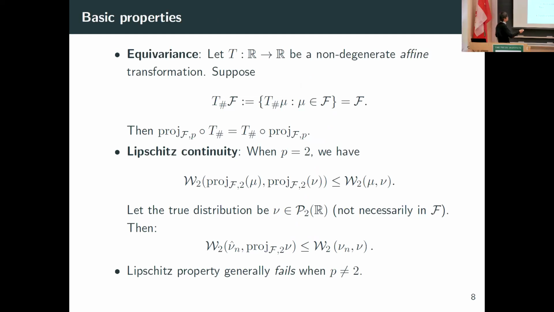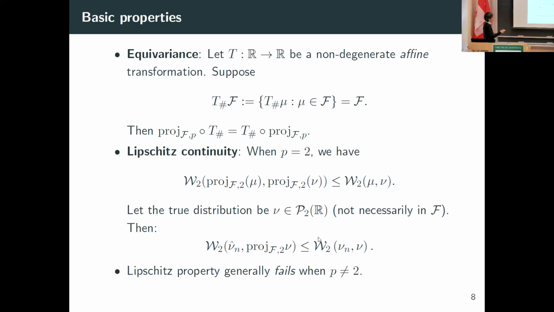Because the empirical distribution converges to the true one, I have consistency in the sense that the estimator converges to the projection. This is different from the classical MLE setting, where in the misspecified setting the estimator converges to the KL projection onto the shape constraint. Here we converge instead to the Wasserstein projection, and I will show a few examples later that give different results. This is especially interesting in the misspecified setting.